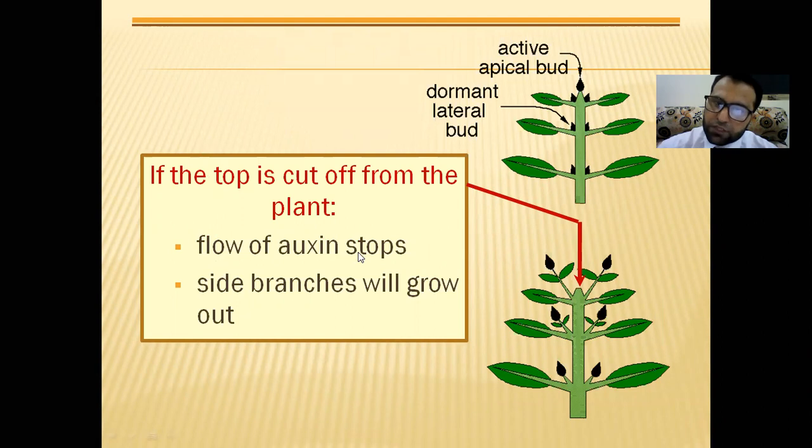The flow of auxin will stop and side branches will grow out, because auxin stops the side branches' growth, right? So in this case, you can see why the branches increase here: the farmer cut this tip, and because of that, the plant becomes more branched.